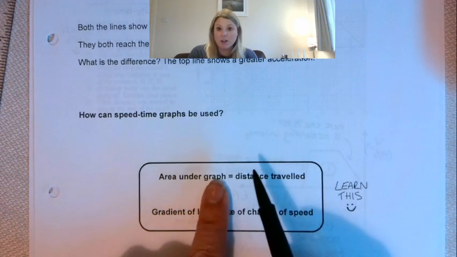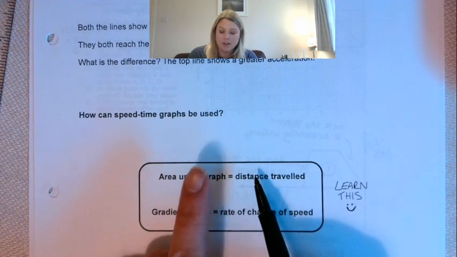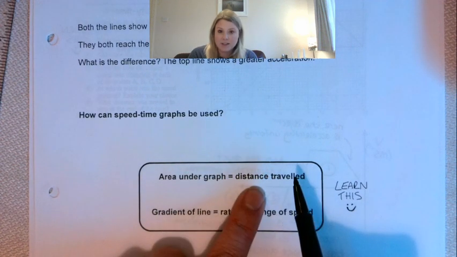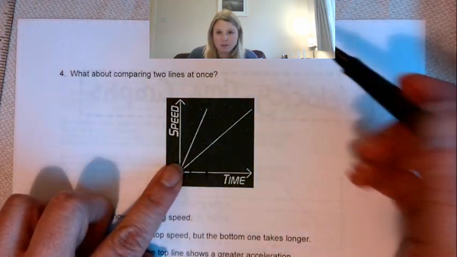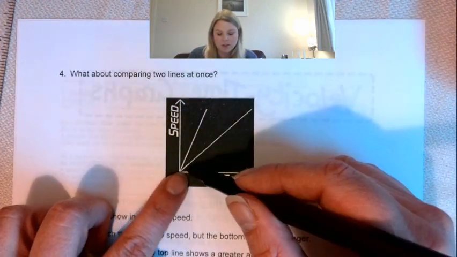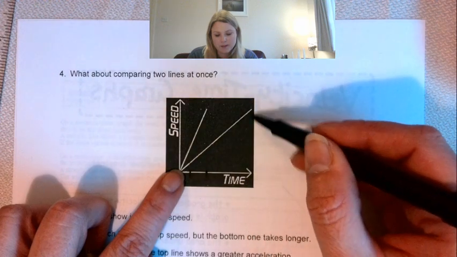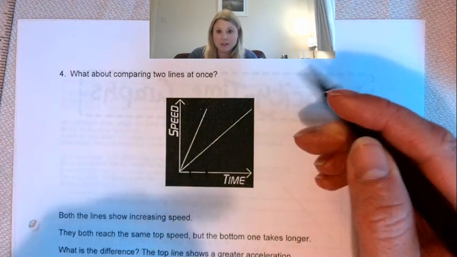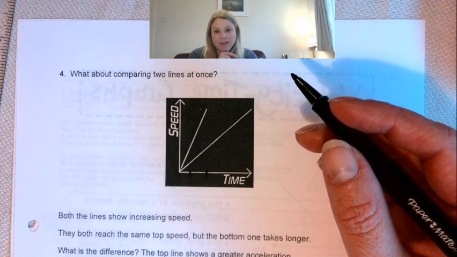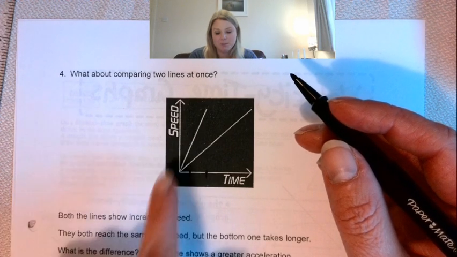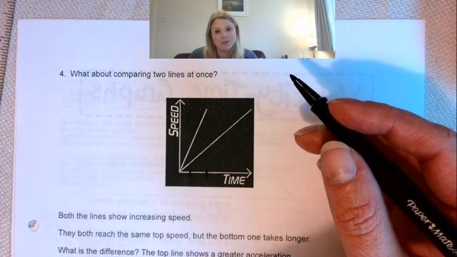And another little trick here is that the area underneath a graph is equal to the distance travelled. So I think this kind of makes sense. If we calculate the area underneath this, remember distance equals speed times time, and that can only be applied if something's travelling at a constant speed, but this isn't, it's constantly changing.